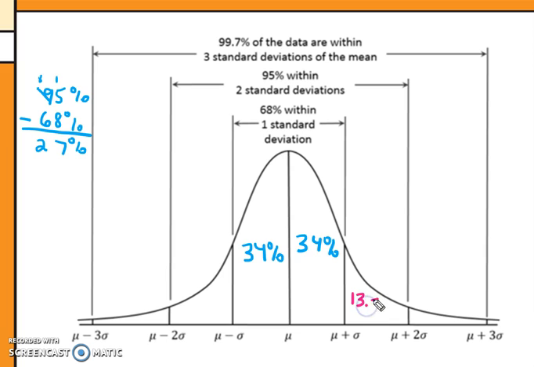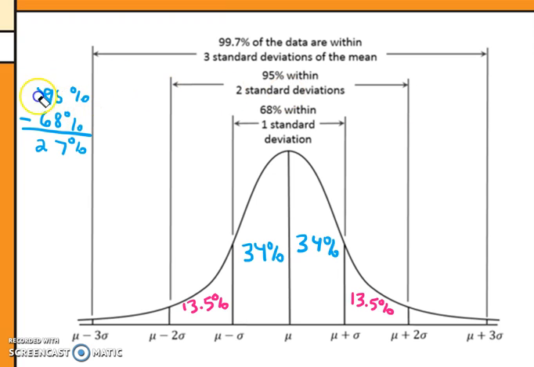So I know out of that 27%, 13.5% goes here, and another 13.5% goes here. So you can get a lot from just the 68, 95, 99.7 rule, knowing that this thing is perfectly symmetrical. So you're just kind of every time saying, well, what's left? Well, what's left? Well, what's left?